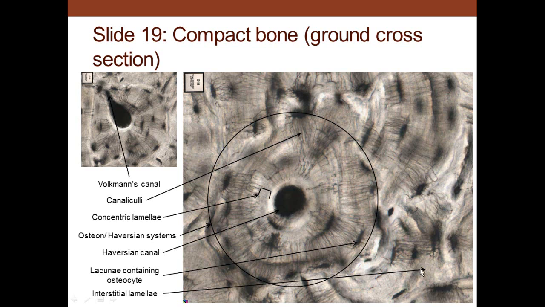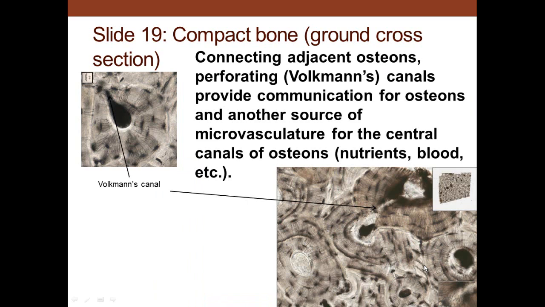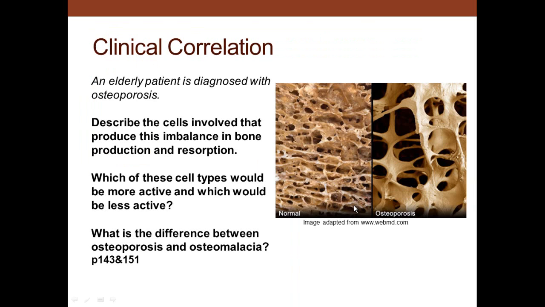Interstitial lamellae is where a Haversian system was before, and is partly digested away now. Connecting adjacent osteons or Haversian systems, you have the Volkmann's canals. They provide communication, nutrients, and blood for the Haversian canal, which ultimately feeds the Haversian system.